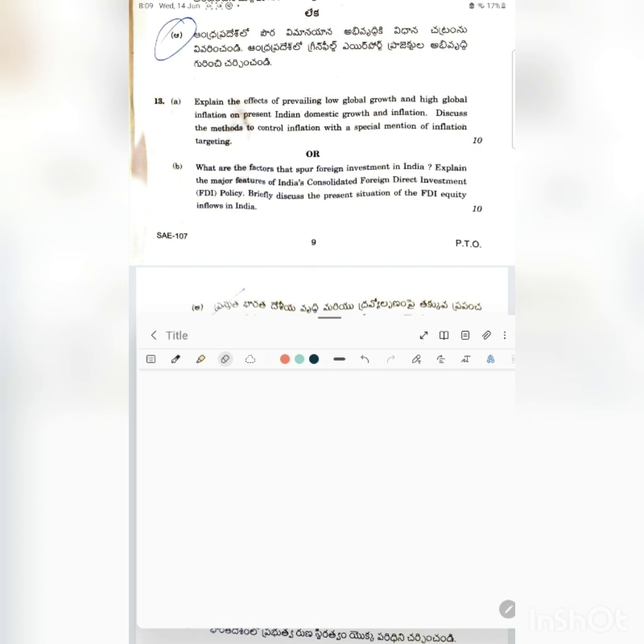As far as the methods to control inflation are concerned, you can simply write about monetary policy and fiscal policy measures. You can speak about various monetary policy tools that the Reserve Bank uses, and as far as fiscal policy, you can speak about debt management policy and tax policies in order to control inflation.